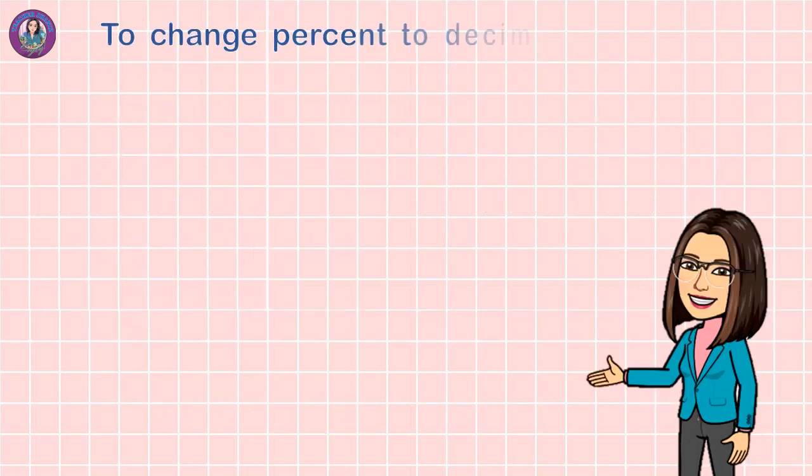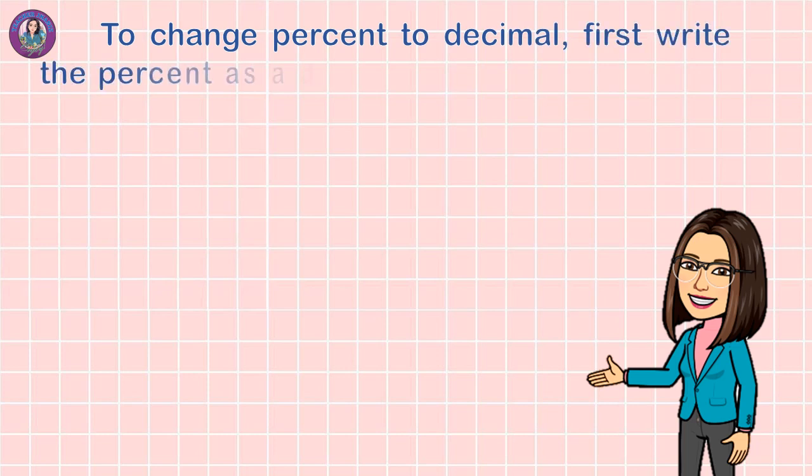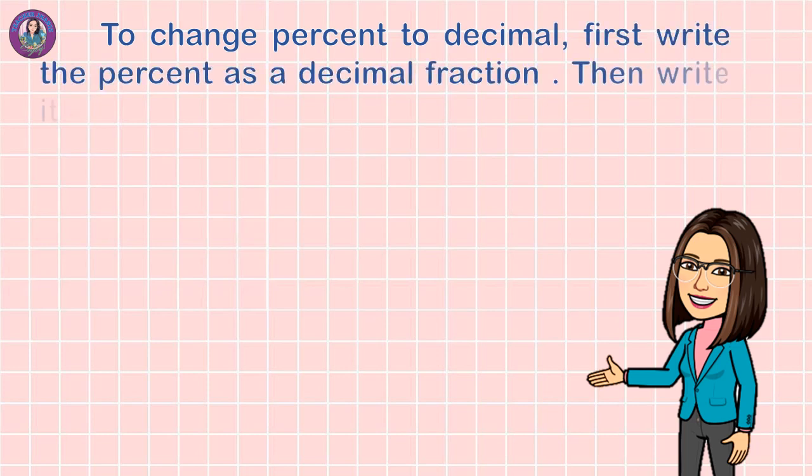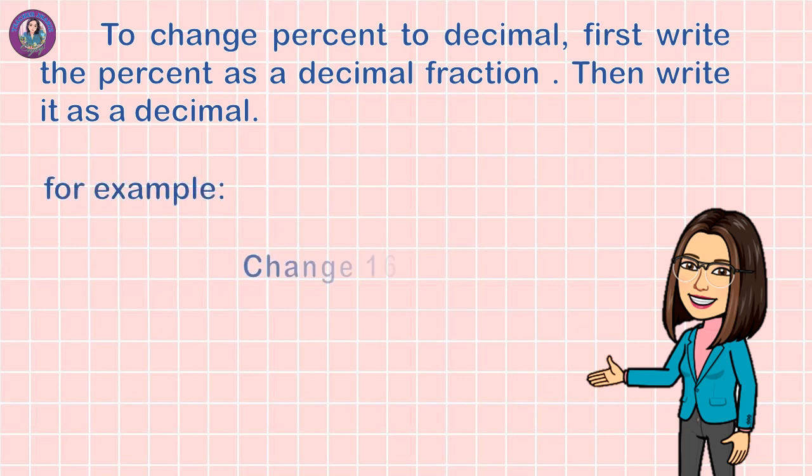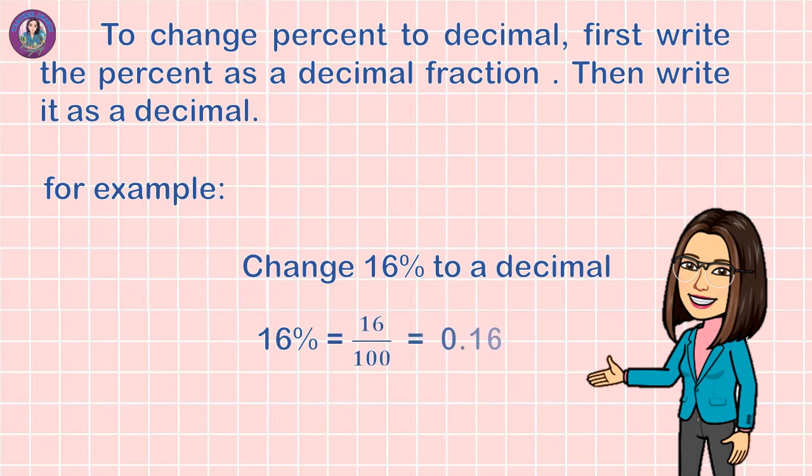To change percent to decimal, first write the percent as a decimal fraction, then write it as a decimal. For example, change 16% to a decimal. 16%, write it in fraction form, 16 out of 100. In decimals, that's 16 hundredths.